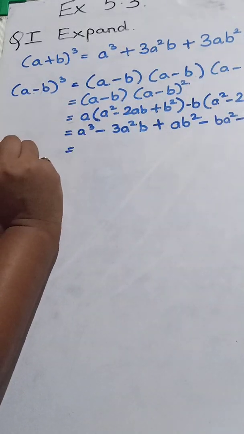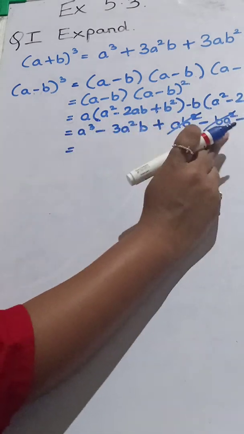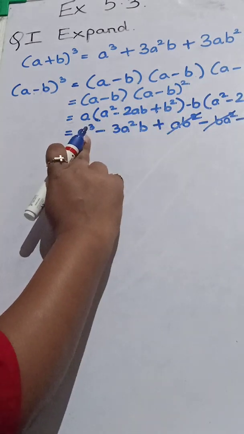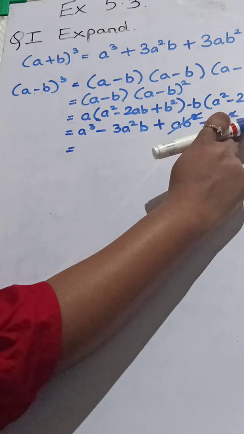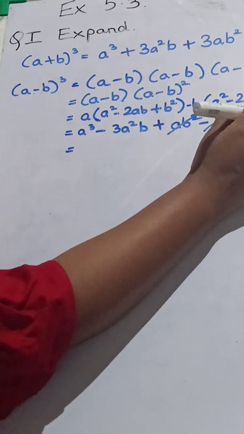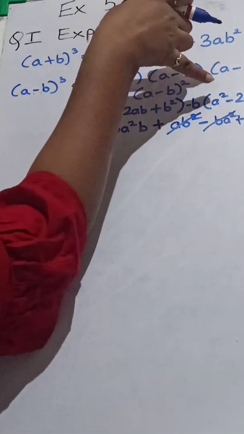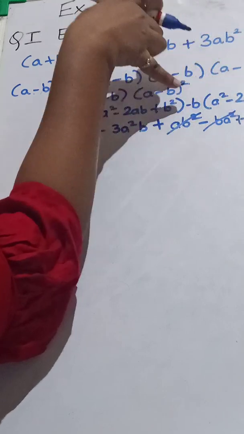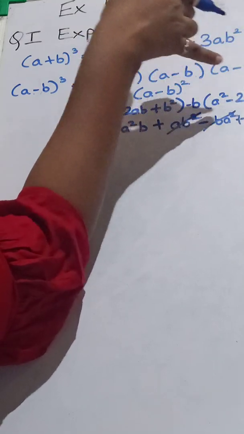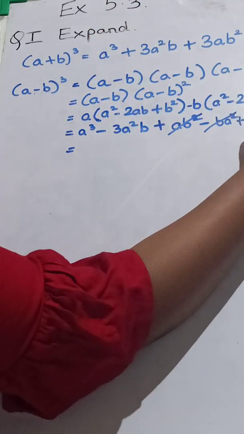Finally, this gets cancelled. After cancelling, what remains is a cube minus 3a square b and 3ab square. Sorry, here when you are writing b multiplied by 2ab, b multiplied by 2ab will give us 2ab square, because there is 1b here and 1b here, so it will give us square here.